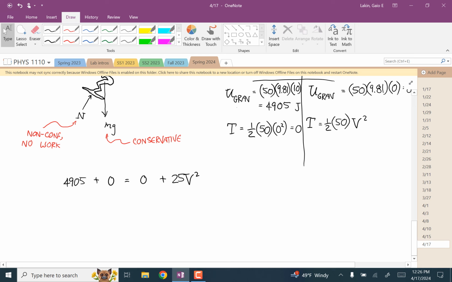So 4905 divided by 25 says v squared is equal to 196.2. Take the square root of both sides, and you get that v is equal to plus or minus 14.01 meters per second. This is a speed, not a velocity, so negative speeds don't make any sense, so we'll take the positive.